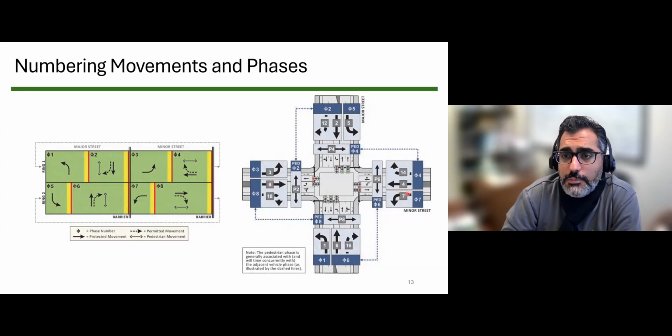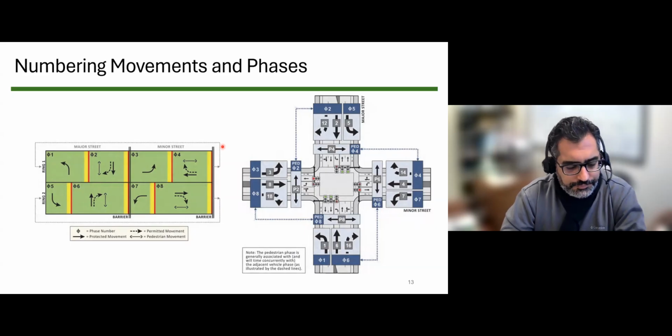This minor street could be also a very big arterial, but just minor compared to the other one. Then we assign the left turns with 1 and 5 and 3 and 7, as you can see. And then we go to the right turning movements and also to pedestrian movements. So this is a very common way of numbering phases and movements.